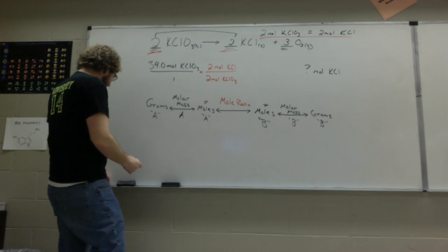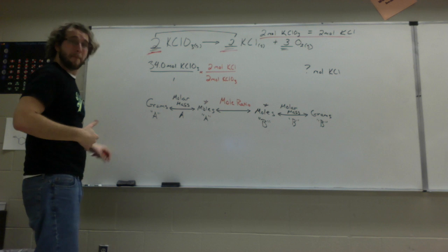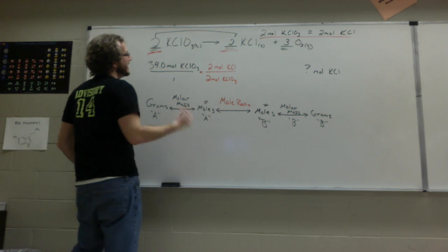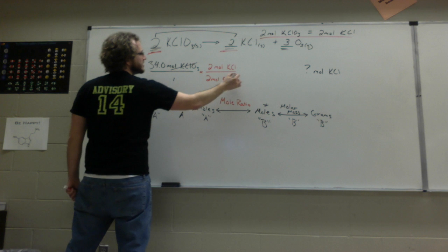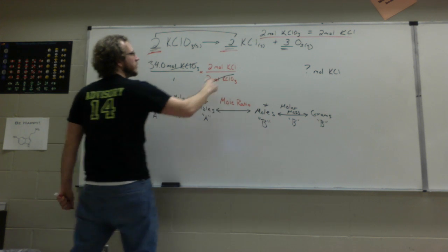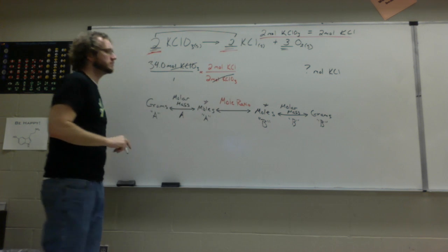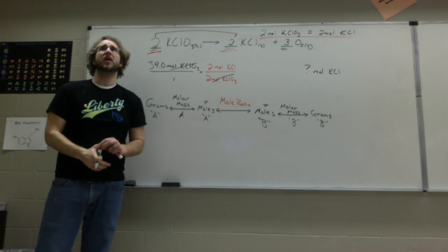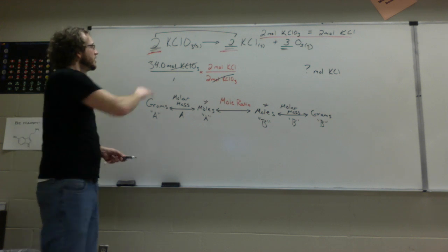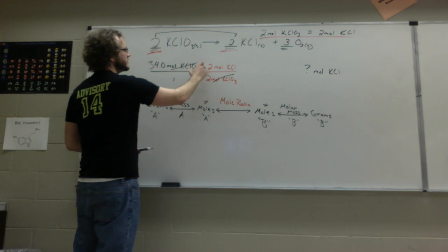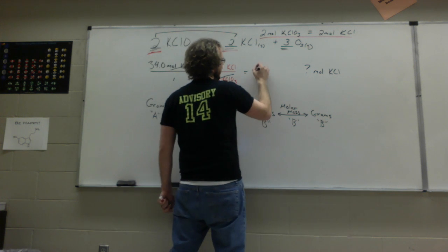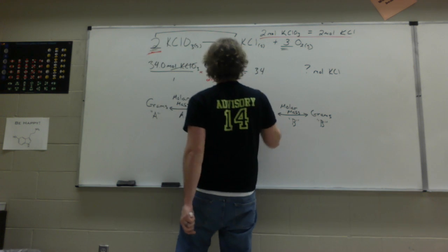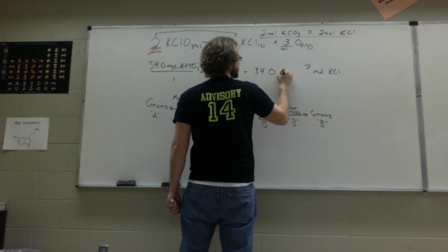If we look at our units, they're kind of weird, but they give us the units we're looking for. The moles of potassium chlorate cancel, and we're left with moles of potassium chloride. Again, dimensional analysis, we've been doing this all sorts of times. Well, to solve that, we're going to take 34 times 2, divided by 2. Well, 2 divided by 2, for all you math studs out there, is the same amount.